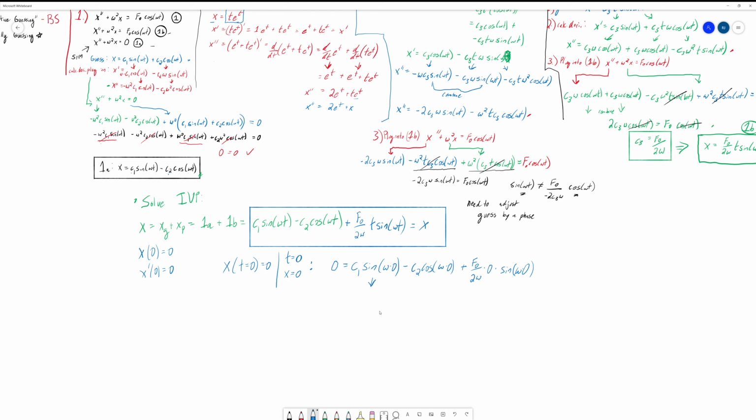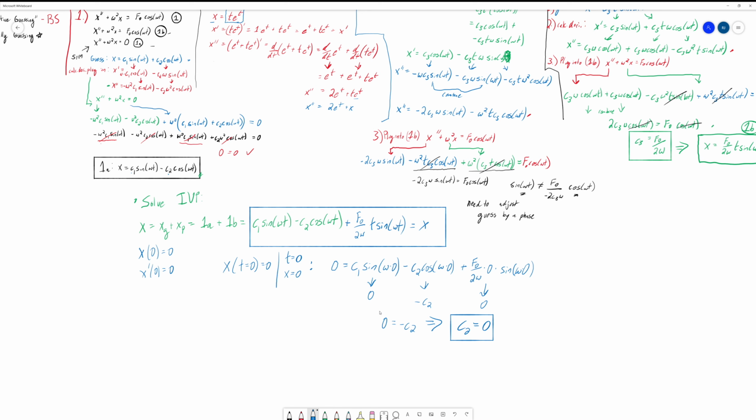And this is going to be 0, since sine of 0 is 0. This is going to be minus c2, since cosine of 0 is 1. And this is going to be 0. So what we're left with is 0 equals minus c2, and that conveniently tells us that c2 has to equal 0.